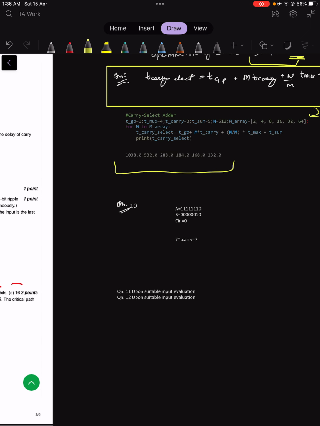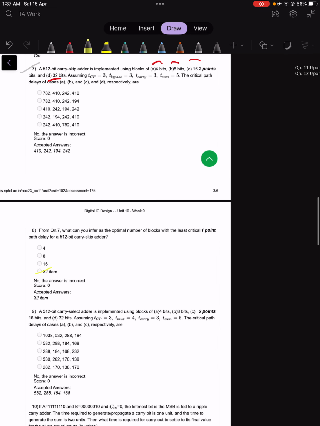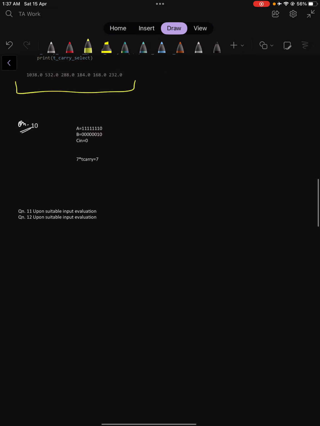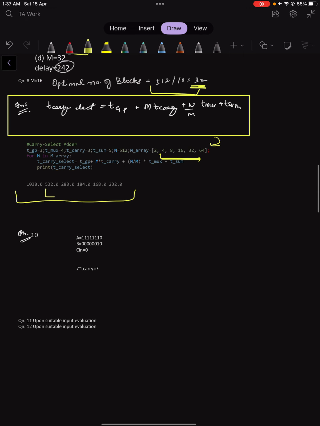Here we are asking for 4, 8, 16 and 32, so the answer is this. You should look at the answer from here for 4, 8, 16 and 32.